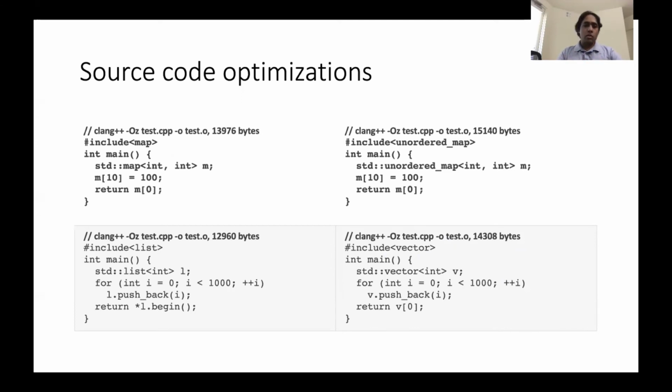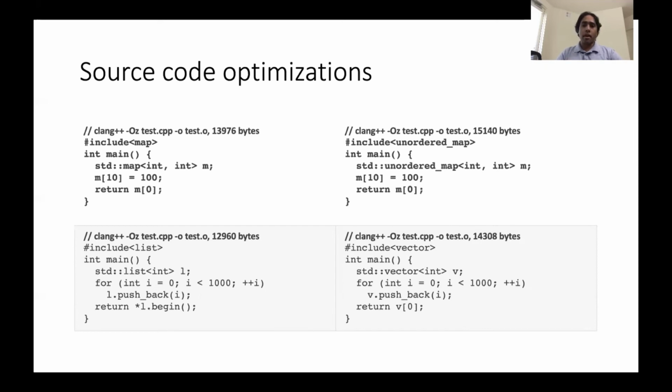The compilers are pretty smart, so they can delete. So just returning m of 0 to keep that code. You can see that the code size of std::map here is around 14 kilobytes, and on the right side, we see the code size overhead is 15 kilobytes. So 1 kilobyte for this small function, which can be pretty big in a large application.